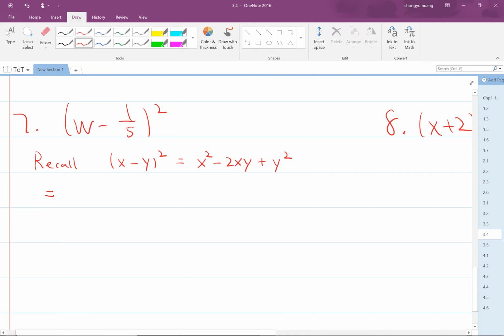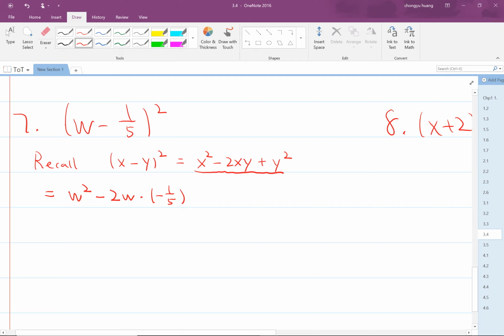The property is x squared, so we have w squared, and then minus 2, and then 2w, and then we have y. y is simply negative 1 over 5, right?